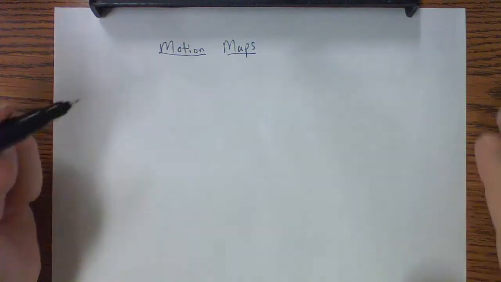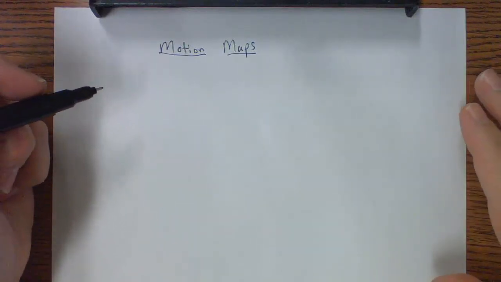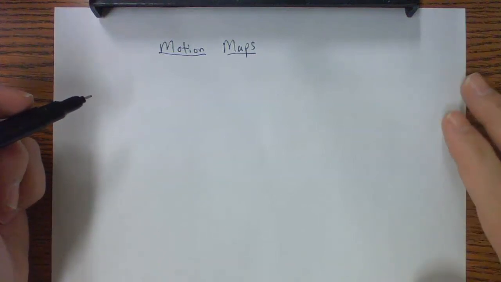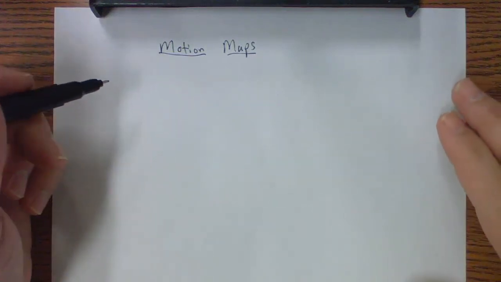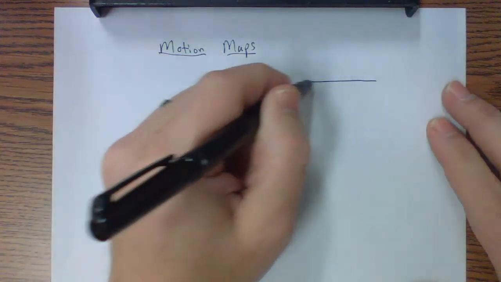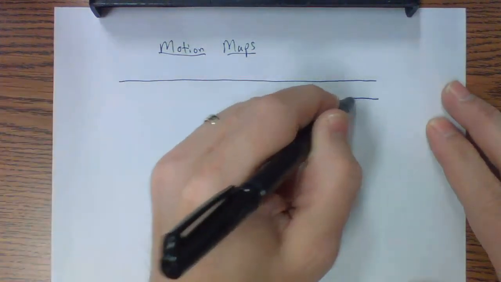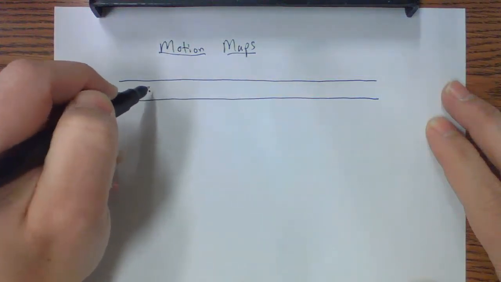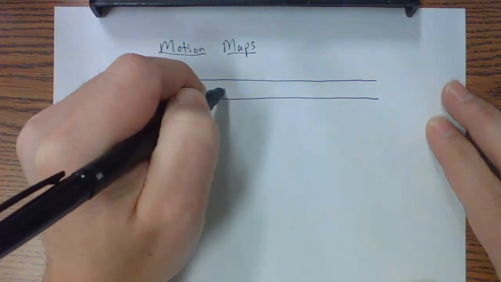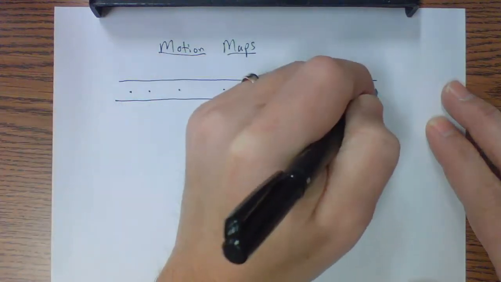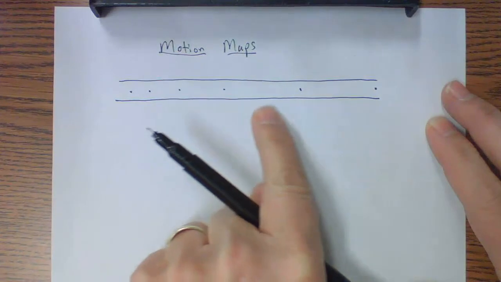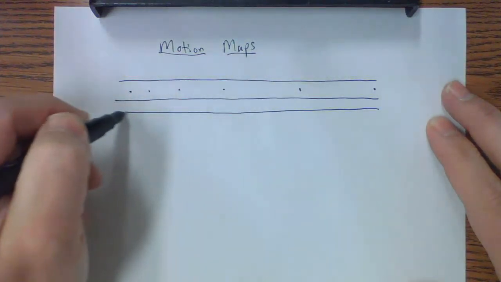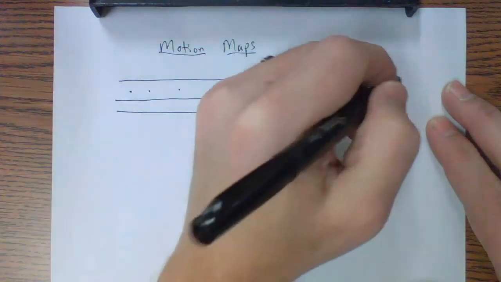All right, we're going to start with part 2 now of this, which is going to be on motion maps. So a motion map, again, tells us about what's happening. It's kind of like the tape timers that we had in the other activities. So if you see the dots that we're forming, and we see the dots getting bigger and bigger, we know that that means that we are accelerating, and I should say accelerating in the positive direction.